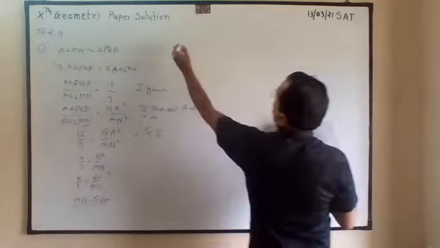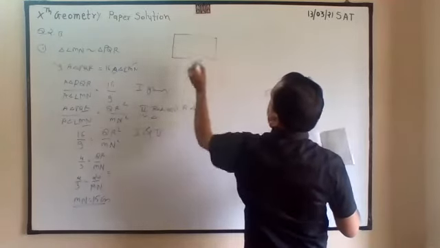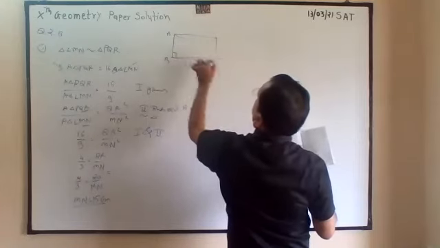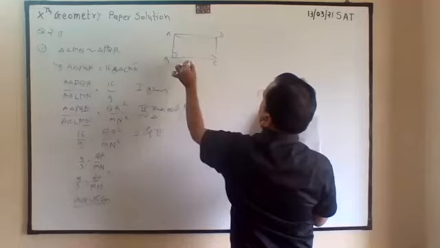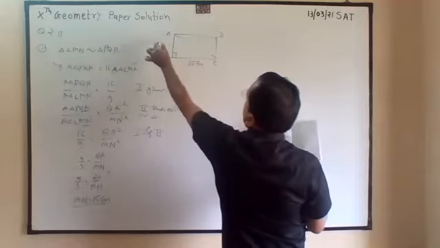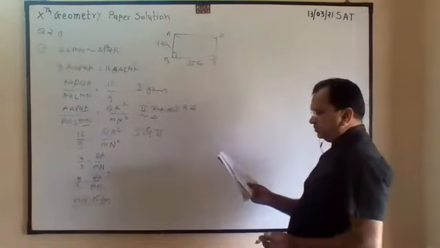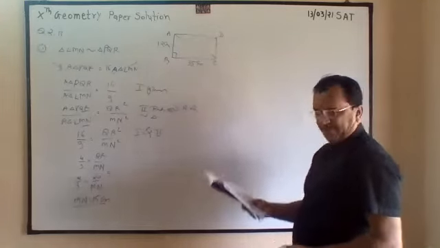The length and breadth of the rectangle are given. Find the hypotenuse. It is given 35, 12, diagonal.